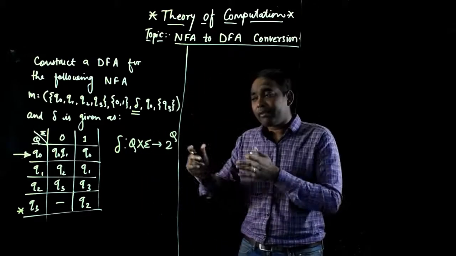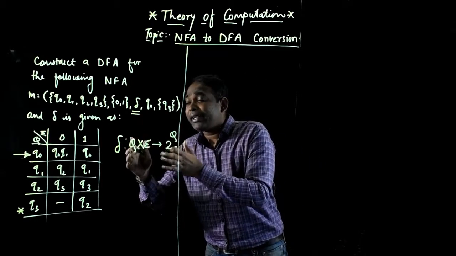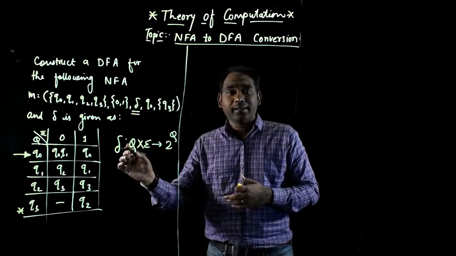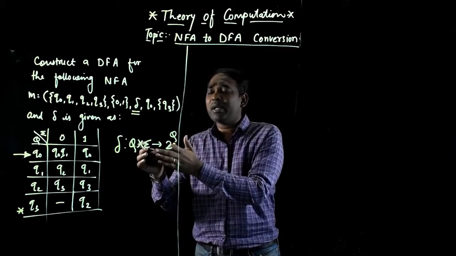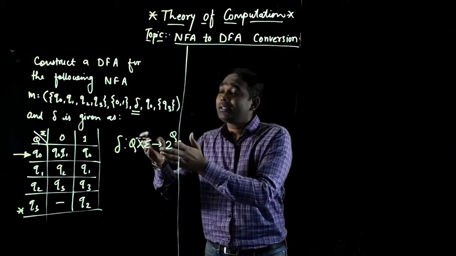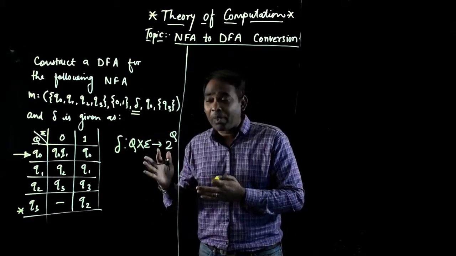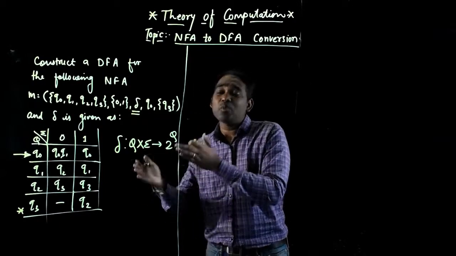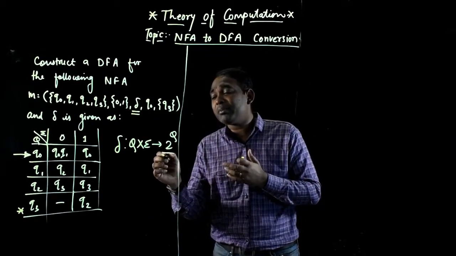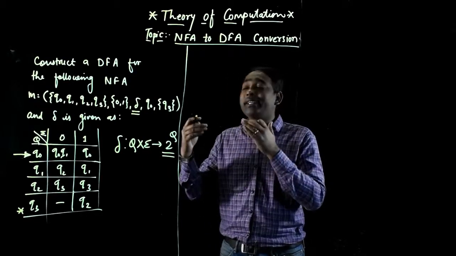What does it mean? We have seen that problem last time. It says that from any state, Q is a set of states, so Q can be any state, and sigma is the set of input symbols, so sigma can be any input symbol, either 0 or 1. After reading one input symbol, if the machine takes more than one transition, that means 2 raised to Q, which is the power set of states.